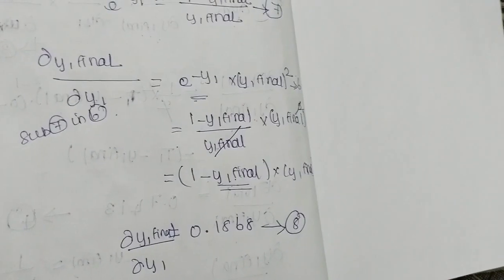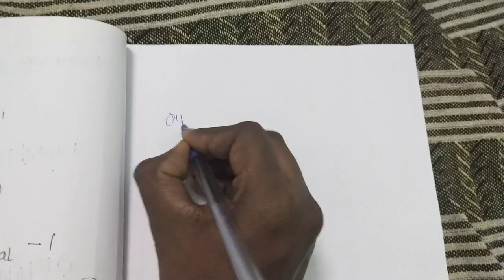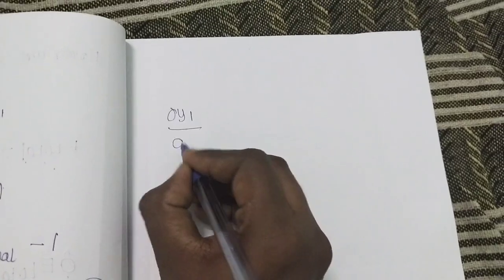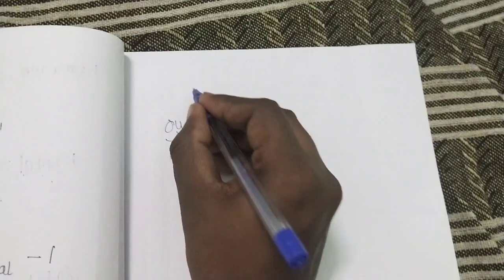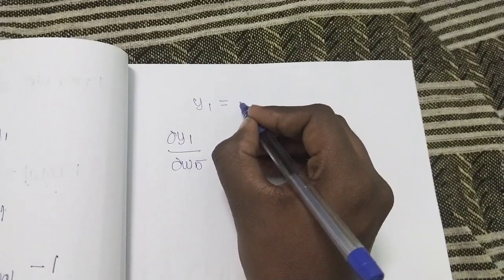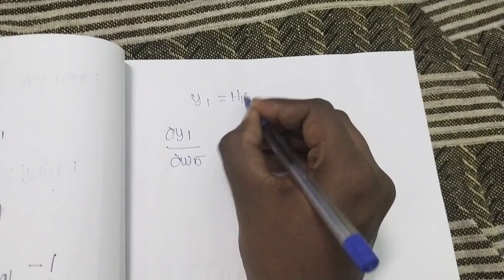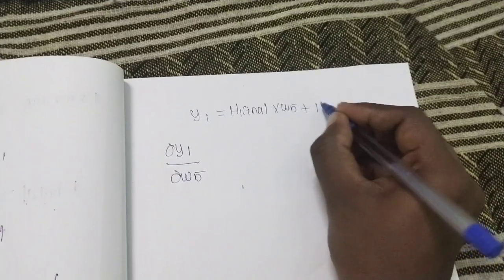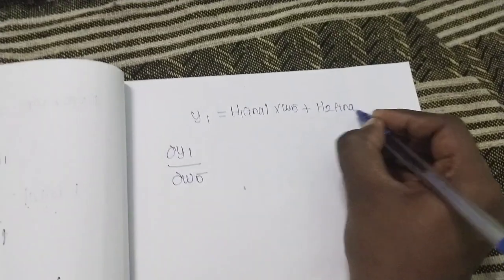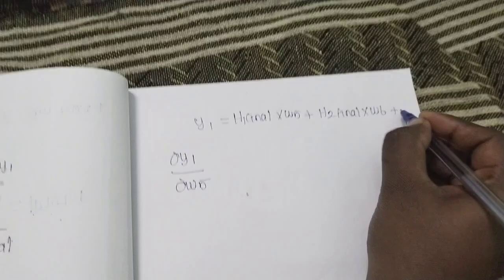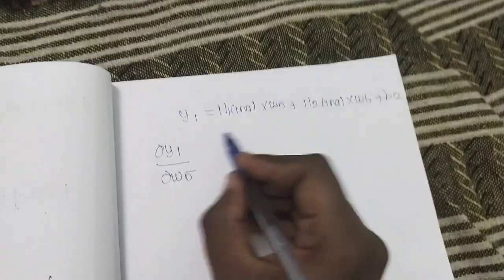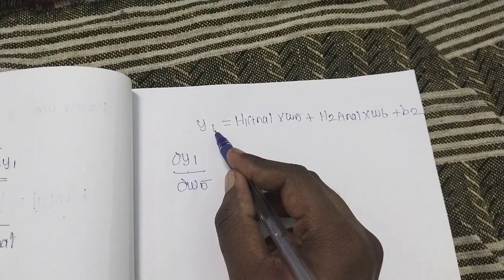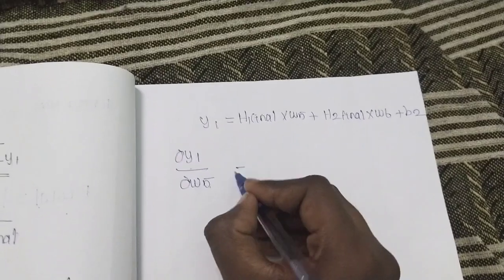Have you understood? Next we find the value for dou y1 divided by dou w5. The equation for y1, which you already know, is h1 final into w5 plus h2 final into w6 plus b2. We partially differentiate y1 with respect to w5.